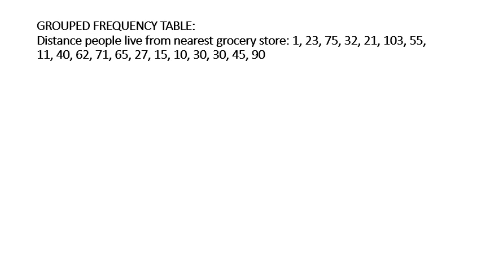This is the distance people live from the nearest grocery store, and we have 1, 23, 75, and so forth. So you know our first task is to identify the minimum, which is right here, 1, and the maximum, which maybe is this 103.